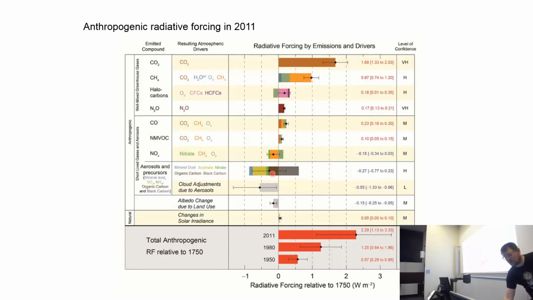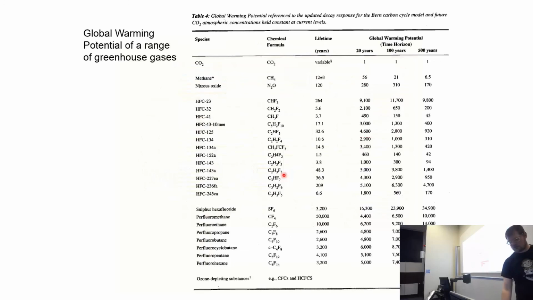These have a very complex series of interactions with the atmosphere in terms of the direct radiative effects. If you make the atmosphere more dusty, sunlight will bounce off that dust, but it depends on what kind of dust it is. If it's black dust, it tends to be absorbing. But those aerosols will also have an effect on the chemistry of the atmosphere, which will affect cloud condensation nuclei, which will then affect radiative forcing that way.